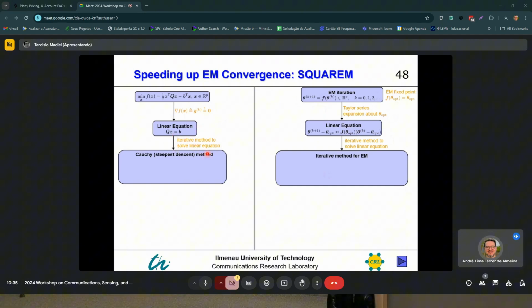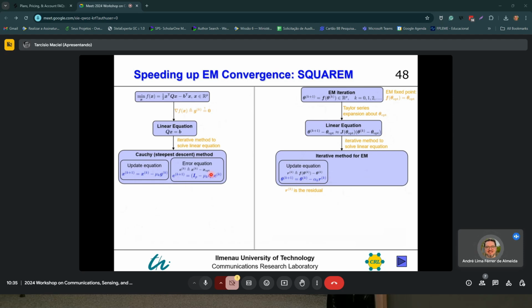In the classical case, of course, we can use the steepest descent approach to solve this equation. We have this update equation for the steepest descent, and we can write a similar update equation on the EM side, now that we've already approximated it by a linear equation.